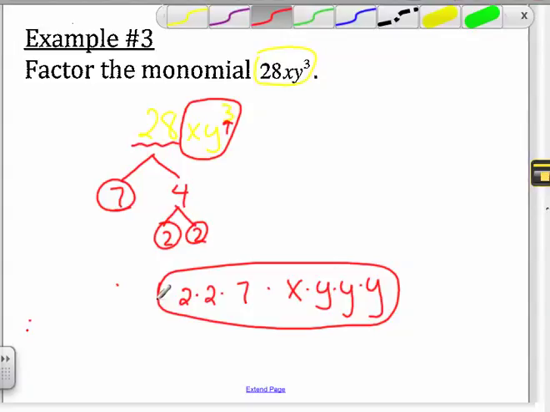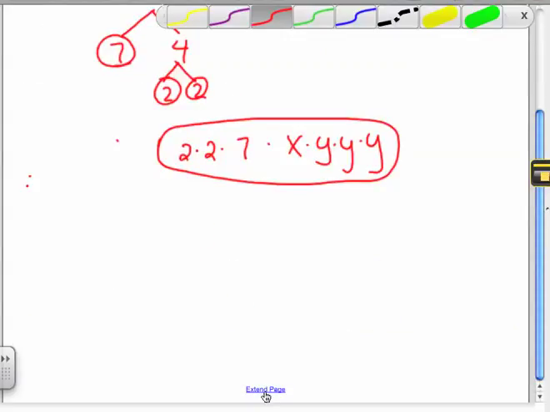Now do I like to write it that way? I'd like to write it in a simpler form. So I can write 2 squared, because I have 2 of these, times 7 times x times y cubed. And I kind of put the variables back the way it was before. Let me ask you something.